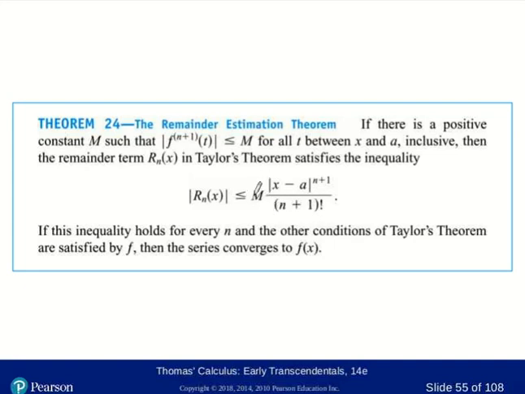Since this is just bounded by a constant now, we're looking at a polynomial over a factorial, and the factorial is going to win every time in the limit, so this will go to 0. Right?